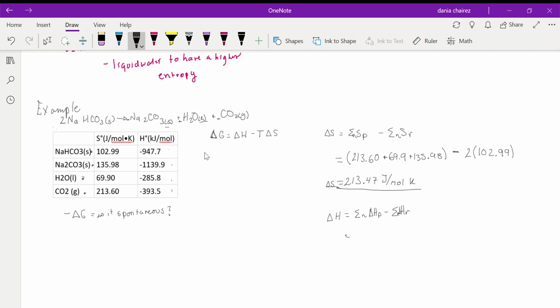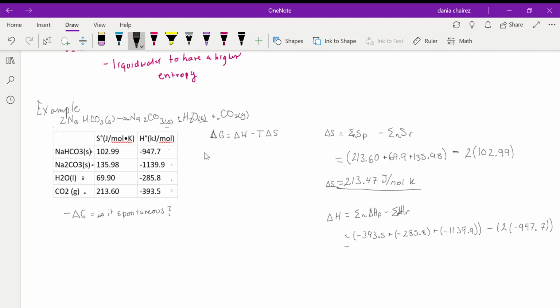So it's going to be negative 393.5 plus negative 285.8 plus negative 1139.9 minus 2 times negative 947.7.